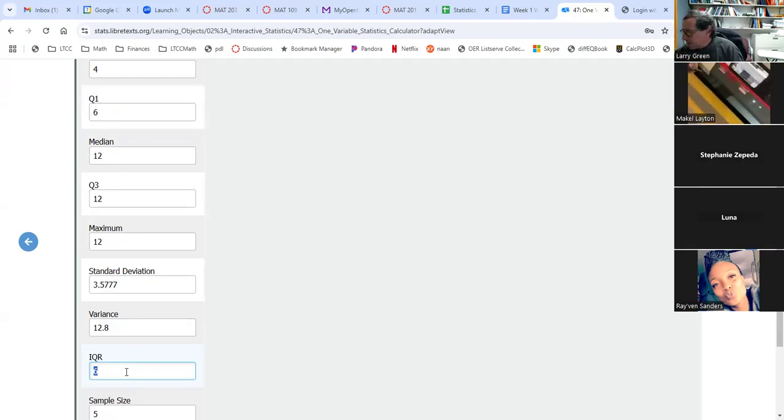The most important part of that is that it's the middle 50% range: how spread out the middle 50% of the answers to the survey question was. Okay, and that's the IQR. Sometimes you'll also say the IQR goes from 6 to 12. That's another way of saying it.